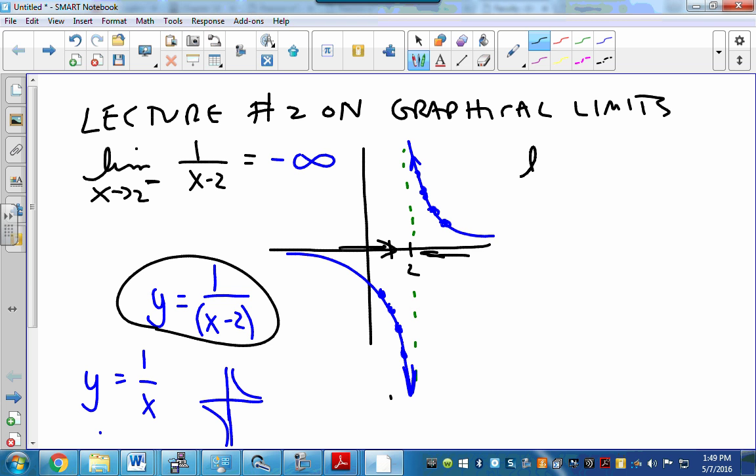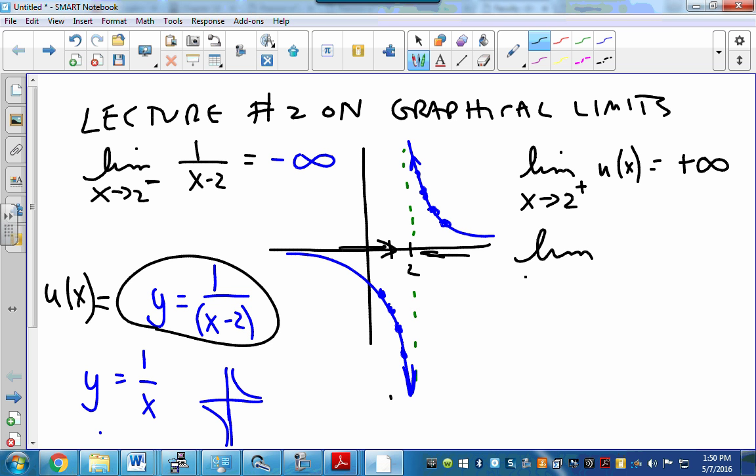So I could say, let me call this function u of x, the limit of u of x as x approaches 2 from the right is plus infinity. That's correct. I could say the limit as x approaches 2 from the right of this function u of x does not exist.